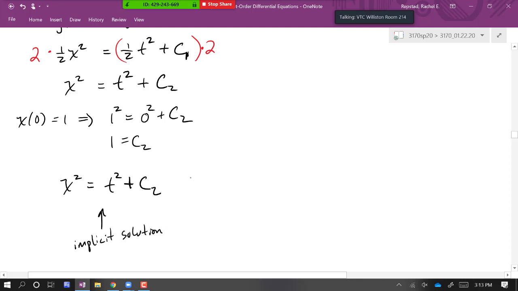If I want to get x by itself, I take the square root, so I have to have a plus or minus square root of t squared plus, we know what c2 is, right? Let's go ahead and put that in. Plus 1. And this is the explicit solution.